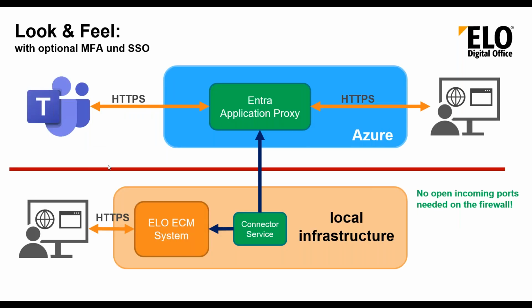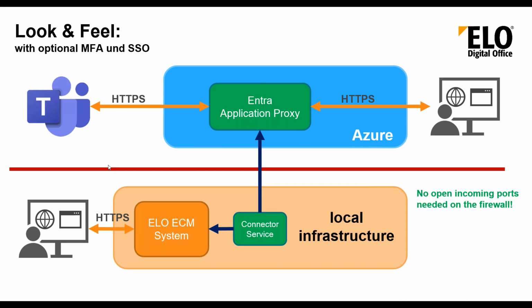So to show you a more plastic way how the application proxy works. You see on the local infrastructure below the red line, there's the ELO ECM system, and your clients can be accessed via HTTPS on-prem locally. And on the Azure side, you have the Entra application proxy.